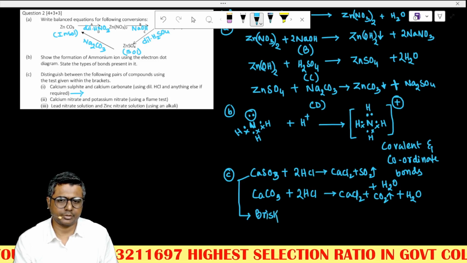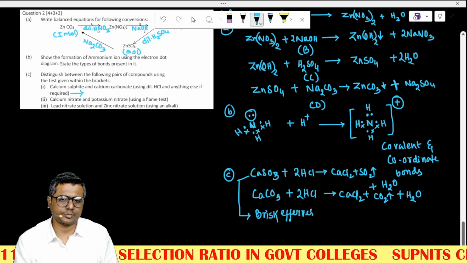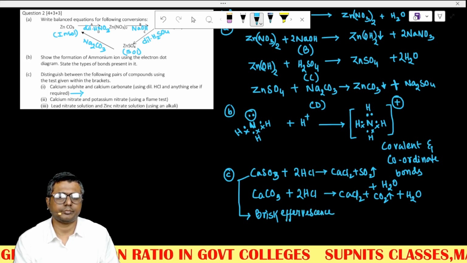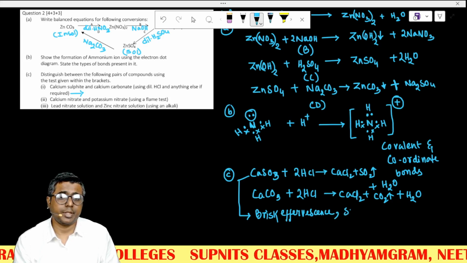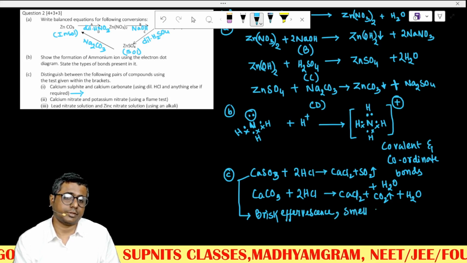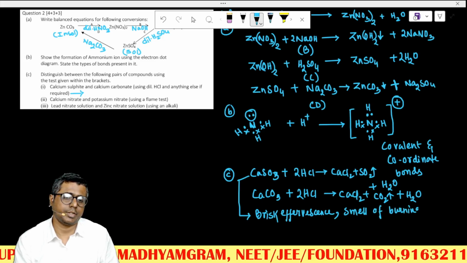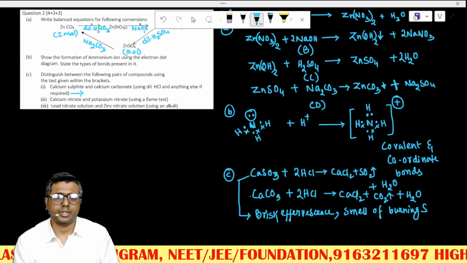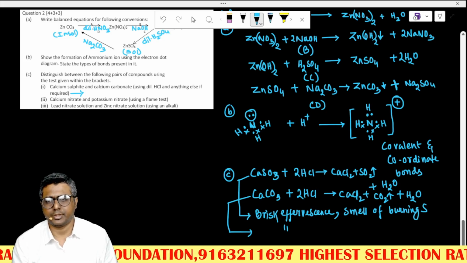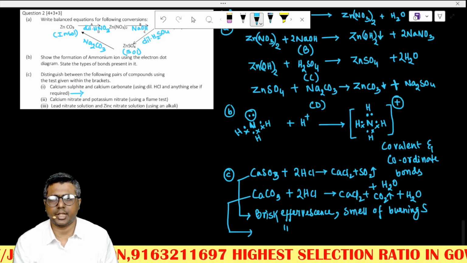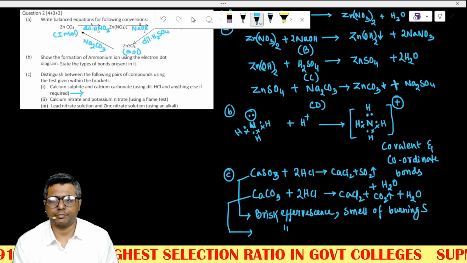Yes, sulfur dioxide will also cause brisk effervescence, and it will also cause the smell of burning sulfur. In case of calcium carbonate, only brisk effervescence, there is no smell. Carbon dioxide doesn't have any smell, but sulfur dioxide has a characteristic smell of burning sulfur.